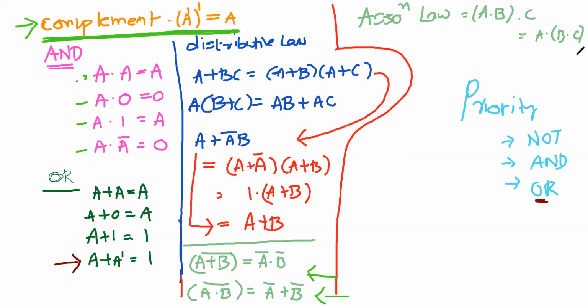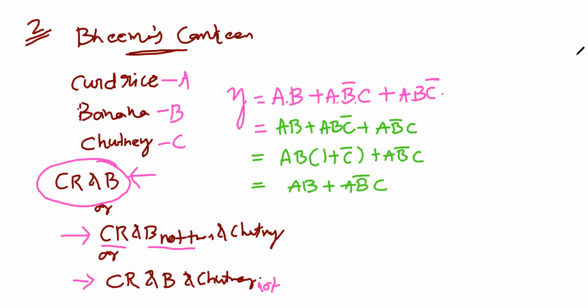Here A plus A complement B, A plus B complement C, using the distribution law, the third one. So you got the answer.